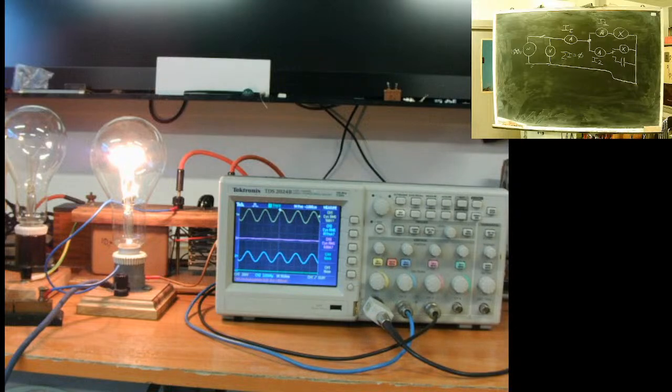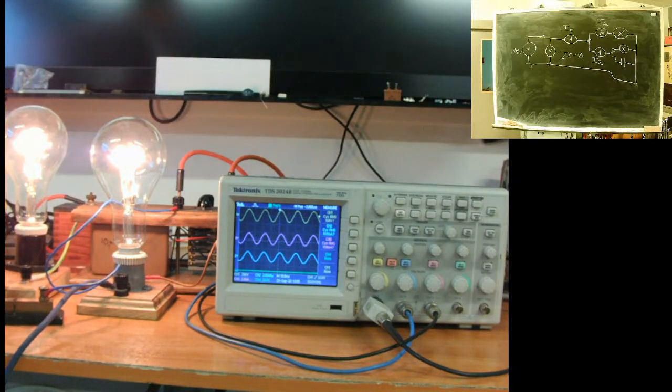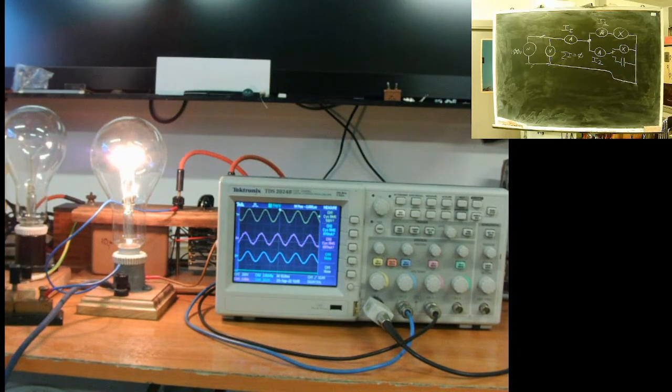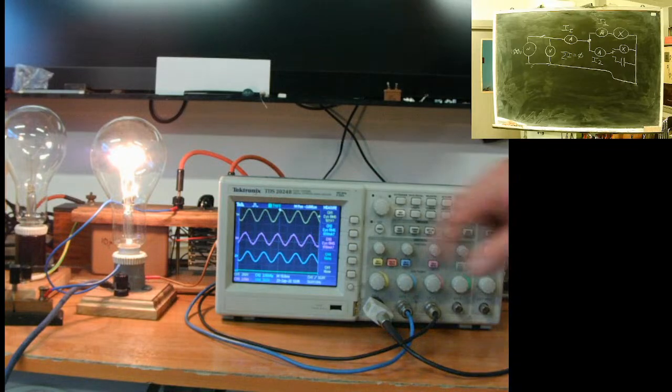I have switched off the first lamp. It is two lamps, two currents. You can see the currents are equal. Now the condenser is in. You see this current?